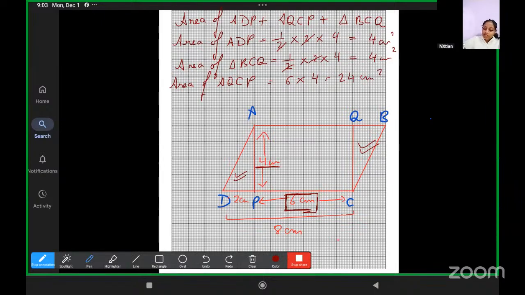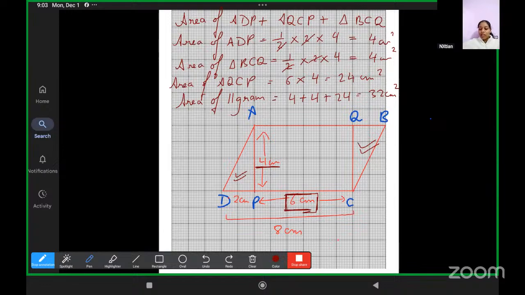Add. So area of parallelogram becomes 4 plus 4 plus 24 equals 32 centimeter square. Area of parallelogram becomes 32 centimeter square.